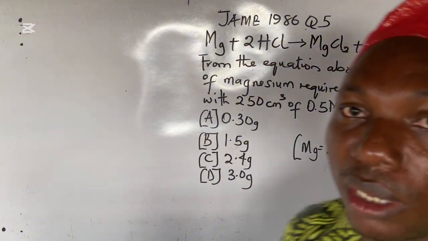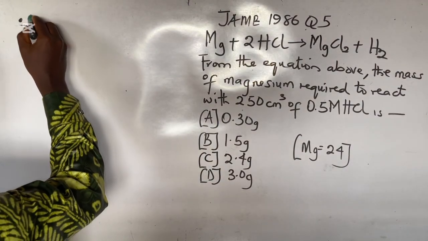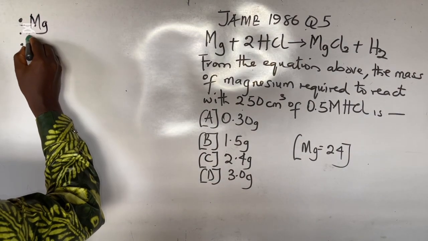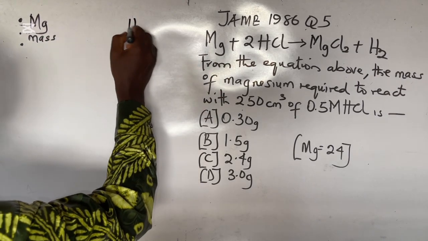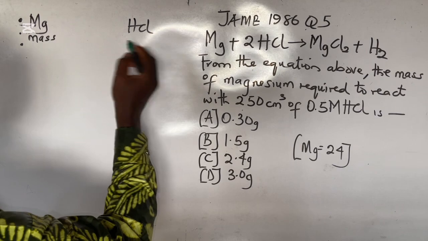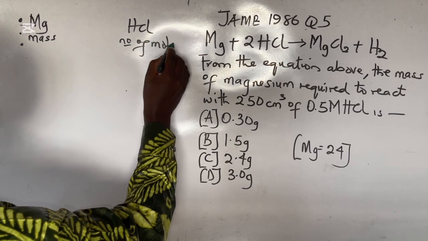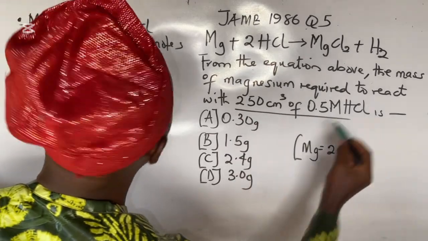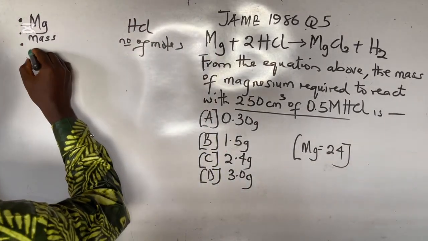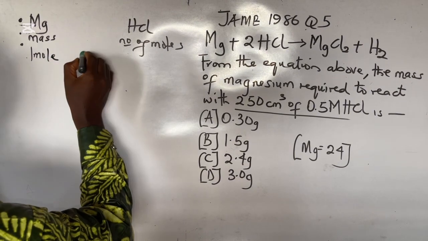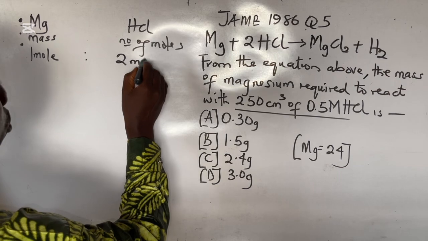So let's table the question on the board. We have magnesium, for which I have to get the mass, and hydrochloric acid, for which we have to get the number of moles. When we look at the question, 1 mole of magnesium gives how many moles of HCl? 2 moles.